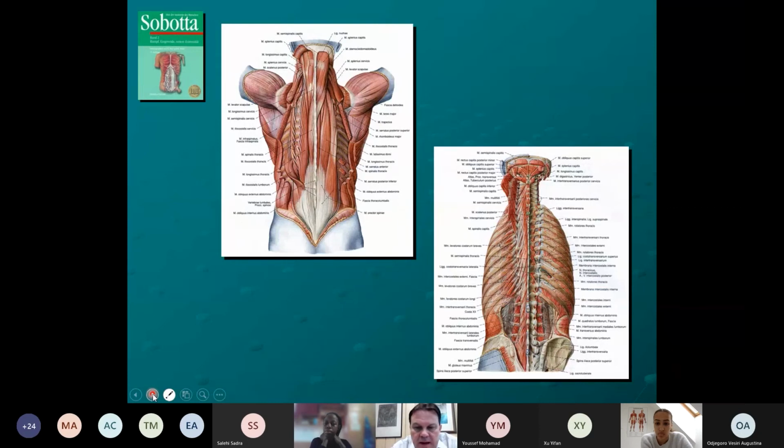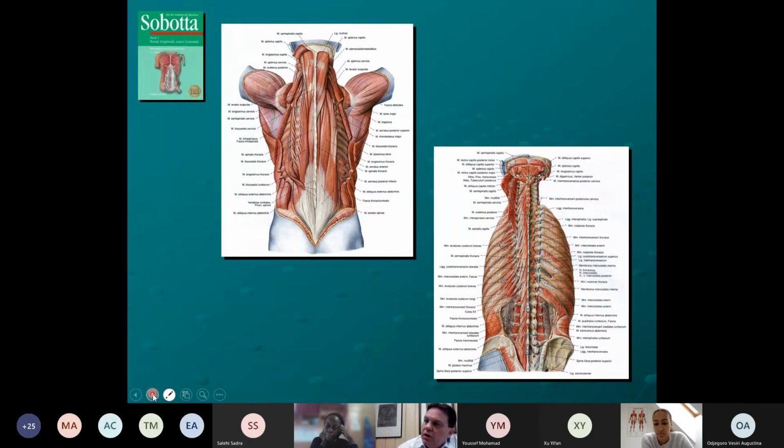You will learn a lot about the muscles of the trunk from the back. It is a pretty complicated system with deeper and superficial layers. You have to learn about that. It will come soon, and I would like you to remember my speech when you learn about that.